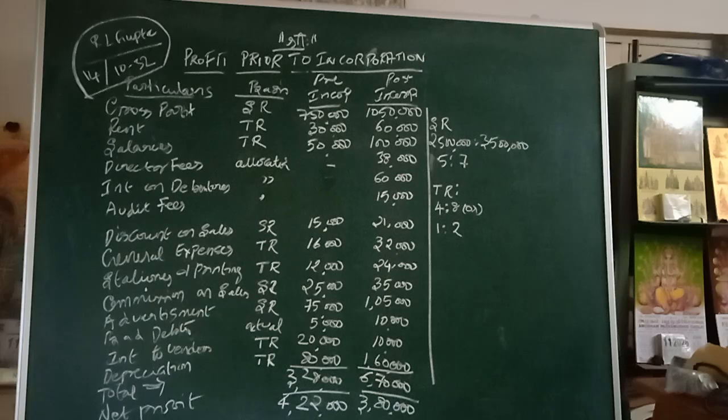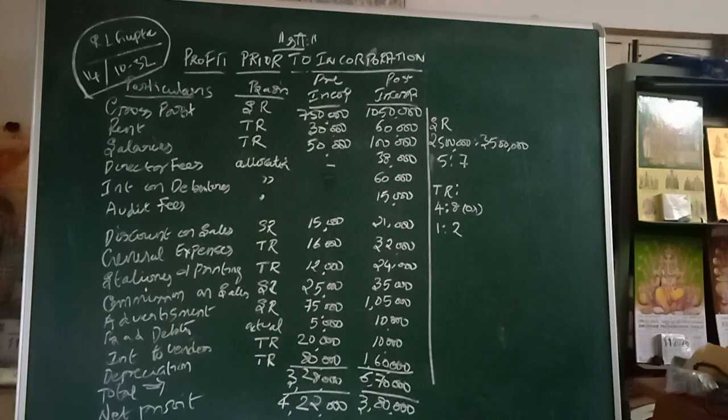What are all the things to be considered in this problem for this chapter, profit prior to incorporation? First, we should know what is the time ratio. Number 2, what is the sales ratio. Number 3, what are all the expenses given.